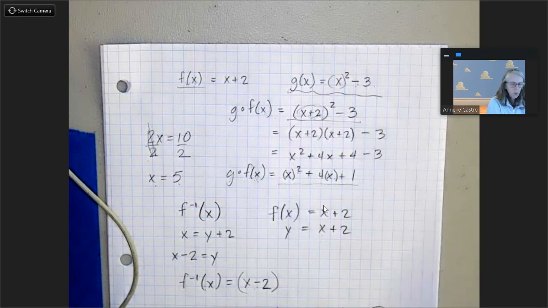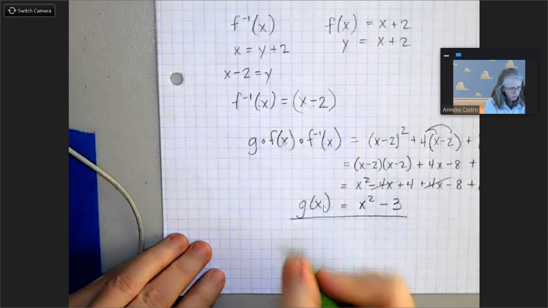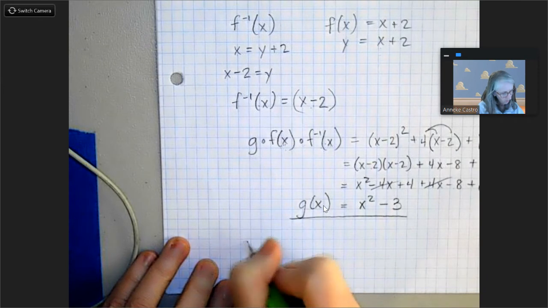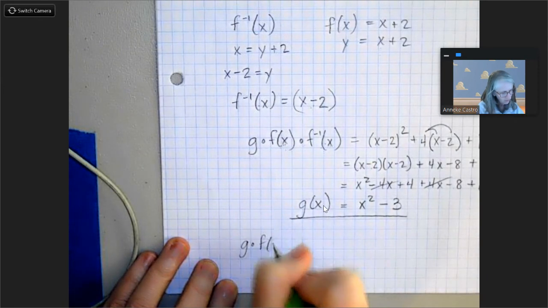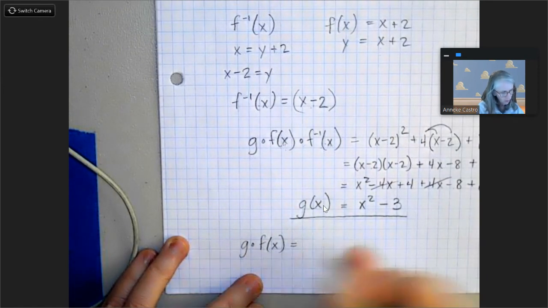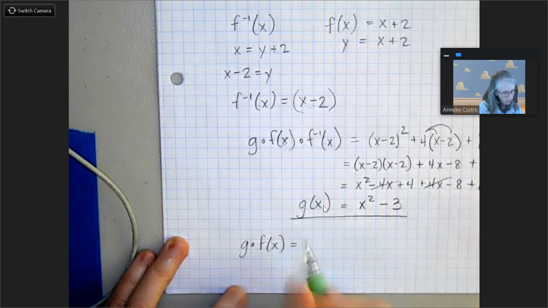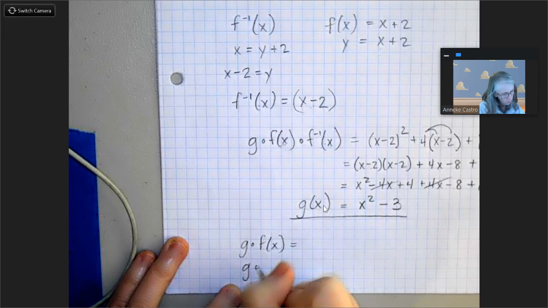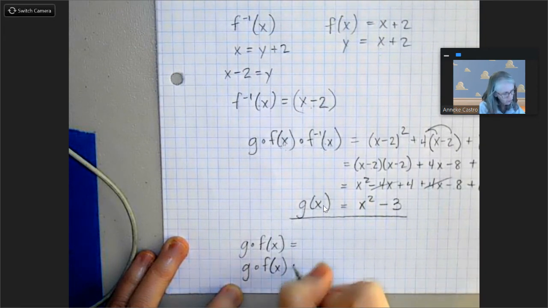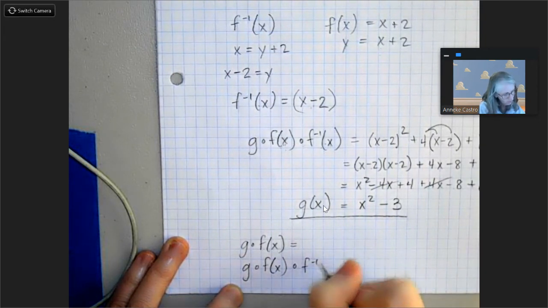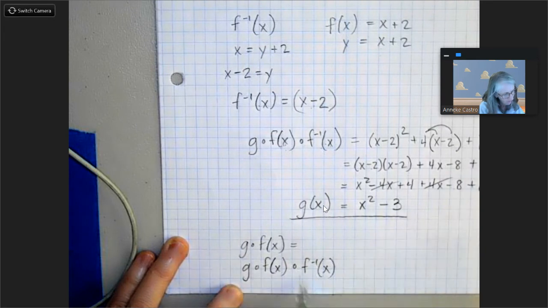Okay, so if you are given a composite function, like we had g of f of x, whatever it is, and you want to get back to just the g of x, you can take the composite with the inverse function of f of x, and that will leave you with just g of x.